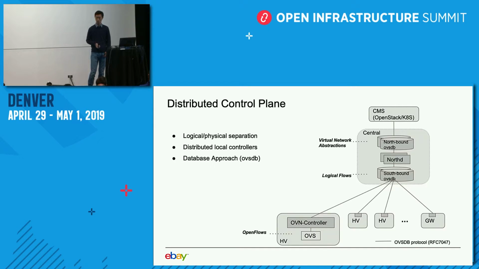And the distributed part is the OVN controller, which runs on all the hypervisors. The OVN controller is responsible for translating the logical flows into physical flows that run on OVS, which is responsible for taking care of the packet forwarding finally. The whole architecture is based on OVSDB, so OVSDB is very important here.